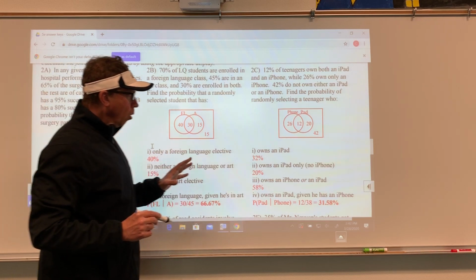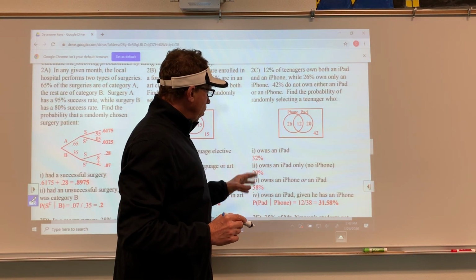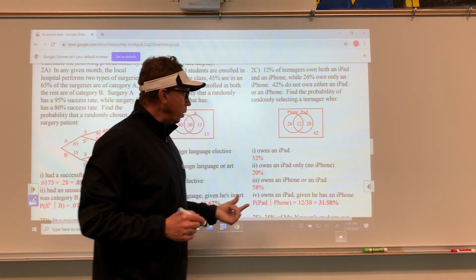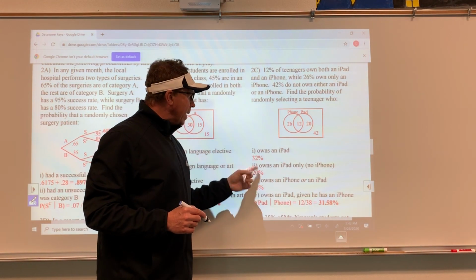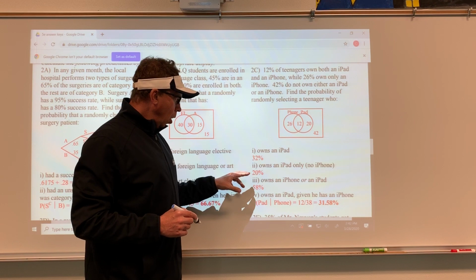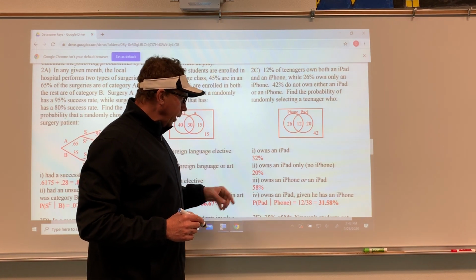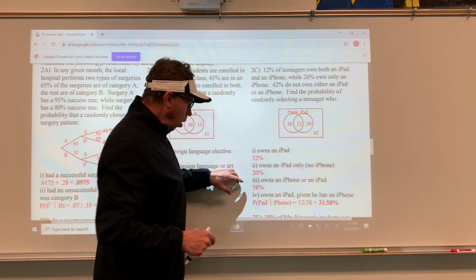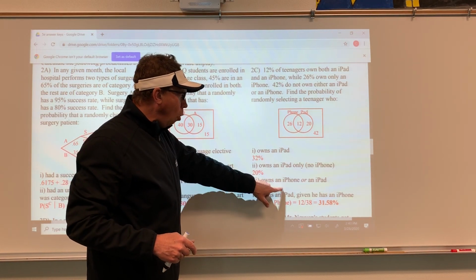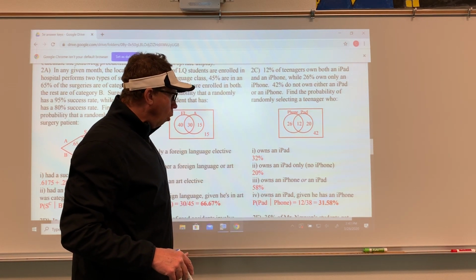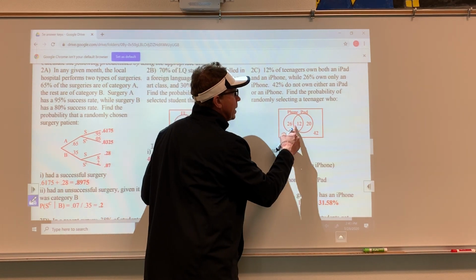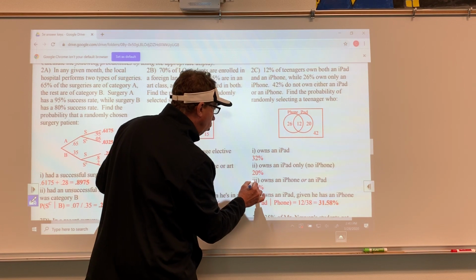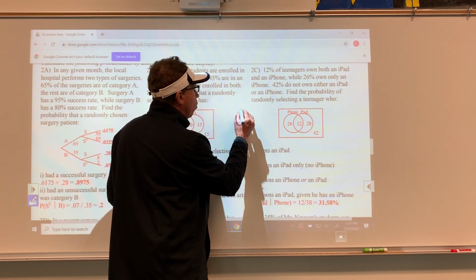Okay? Owns an iPad. So owns an iPad would be 12 and 20, making 32. Owns an iPad only. That's this 20 right here. Owns an iPhone or an iPad. An iPhone or an iPad is going to be these three added up. Okay? So you can do this question actually two different ways.